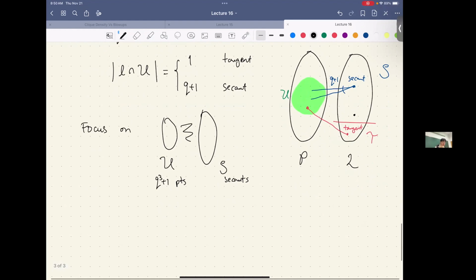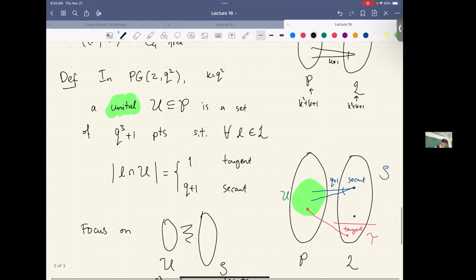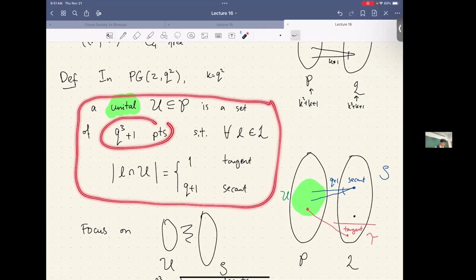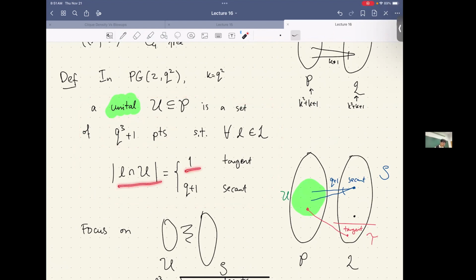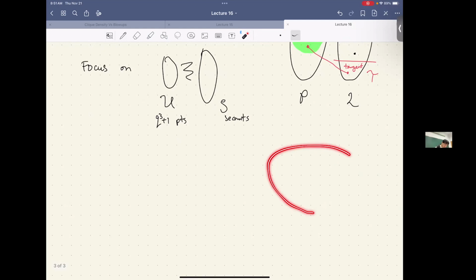Through this property of the unital, we know the size of the unital, and we know every line intersects the unital in either 1 point or q plus 1. From this, it's not hard to derive that for every point in the unital, let me draw a picture.